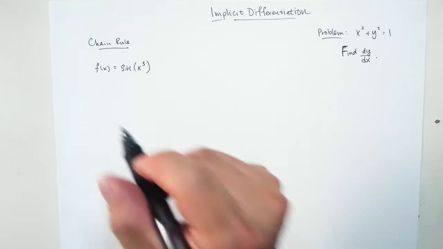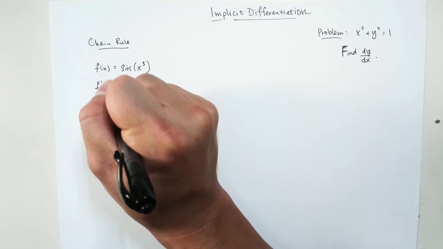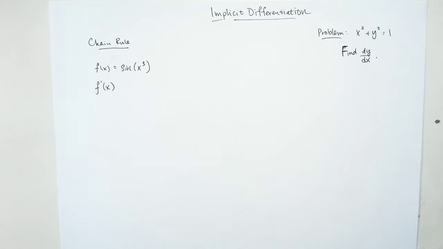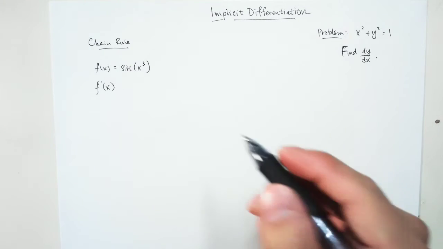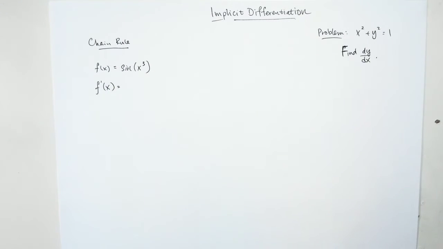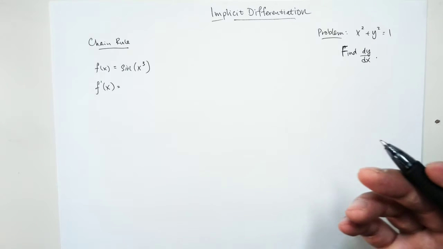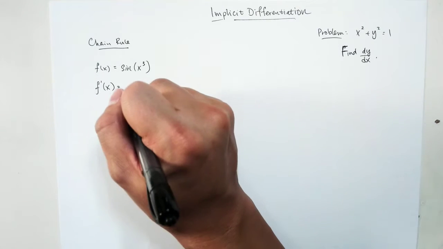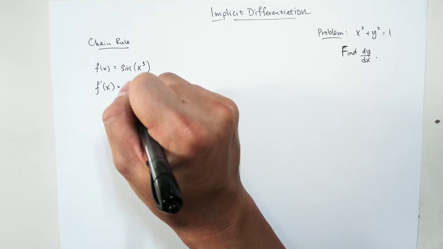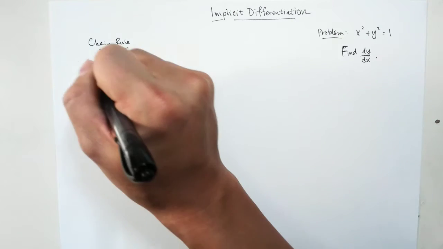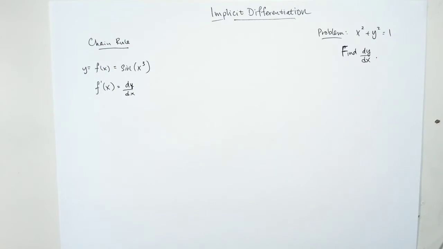And we ask, what's f prime of x? Just to note, another notation for f prime of x is dy dx, if we say y is equal to f of x. Okay, so they are basically the same thing.